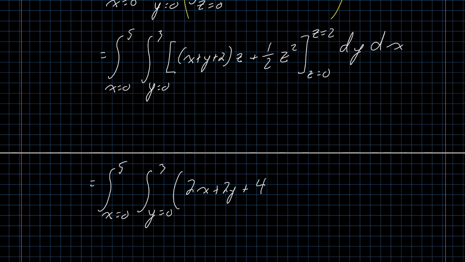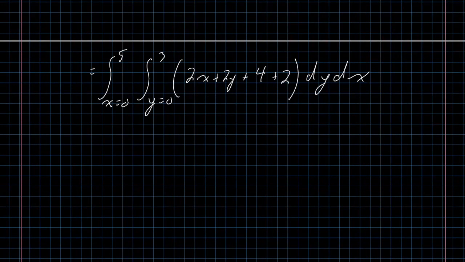And then we've got 1/2 of 4, which is 2. And again, the other term is going to be when z equals 0, the whole thing becomes 0, which is not very interesting. And I guess we can clean up one more step because 4 plus 2 is 6.